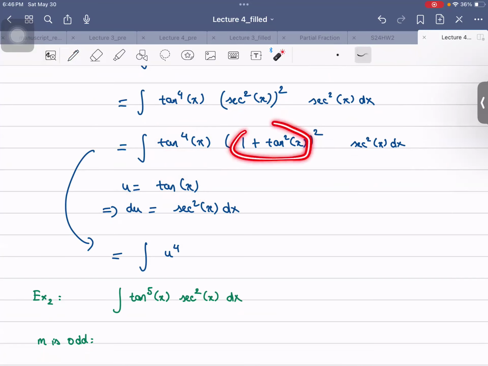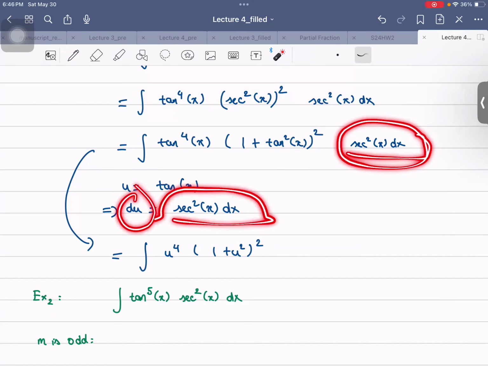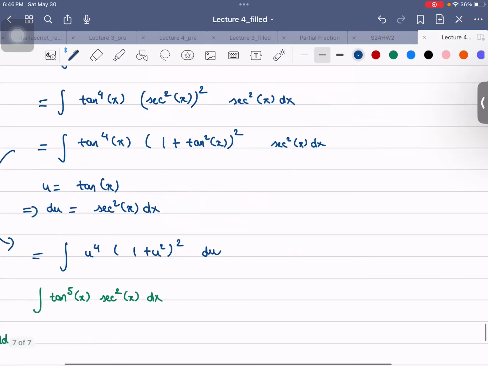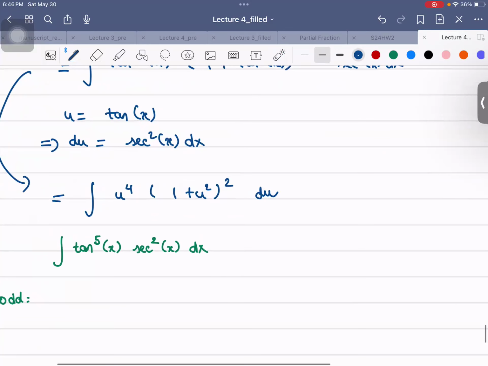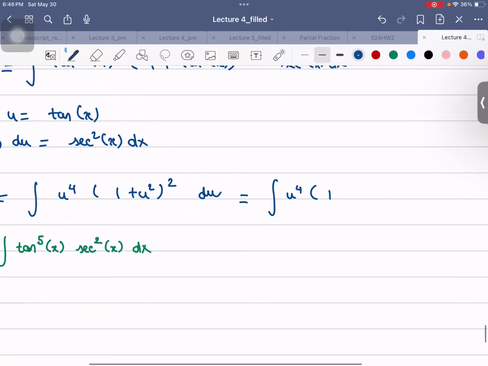Up here, I have 1 plus tangent square, and tangent is u, so tangent square will be u square. I have (1 plus u square) squared, and secant square of x dx is du. Now I can simplify my integral. So (1 plus u square) squared is 1 plus 2u square plus u to the power of 4, du.